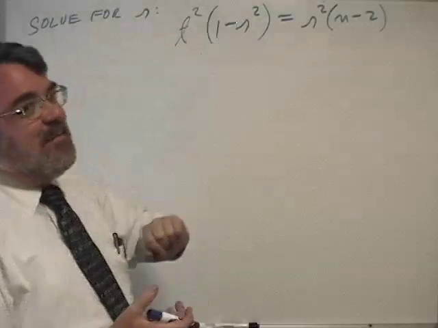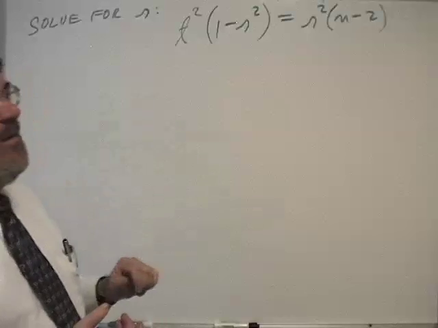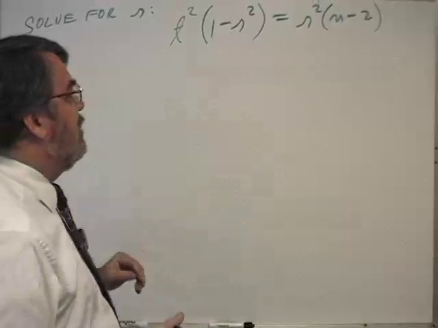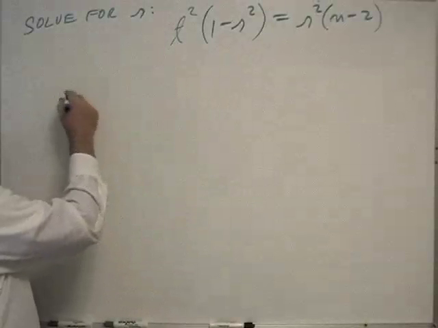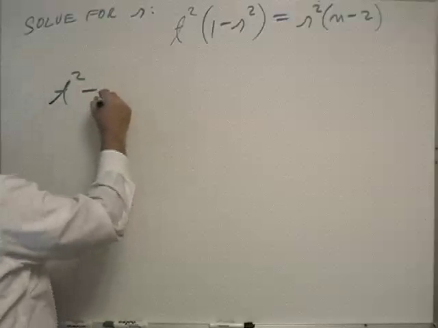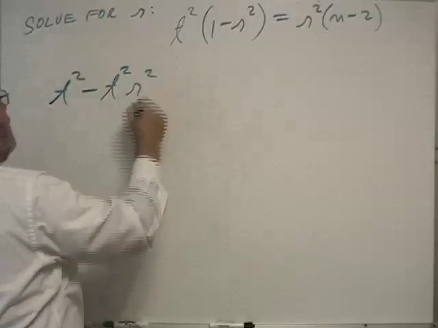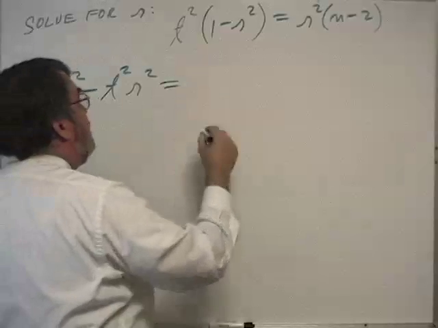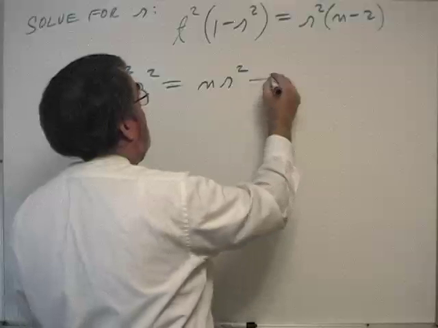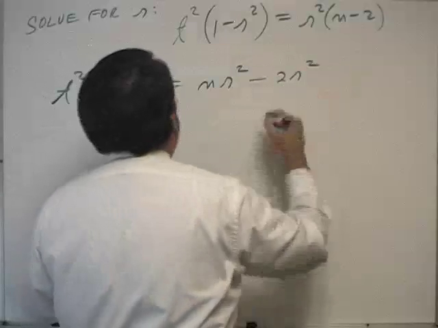I need to get this out of the parentheses in order to move it over to the other side. So I'm just going to multiply R squared through both parentheses here, by distribution. So this gives us T squared minus T squared R squared equals, and here I've got n times R squared minus 2R squared.